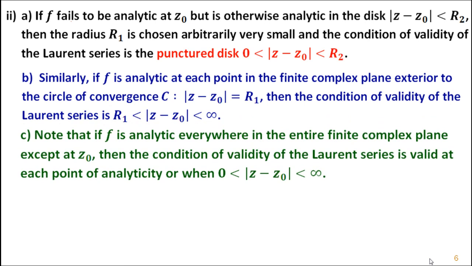And note that if f is analytic everywhere in the entire finite complex plane except at the point z0, then the condition of validity of the Laurent series is 0 < |z − z0| < infinity.